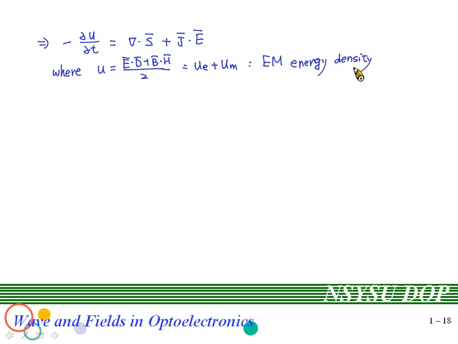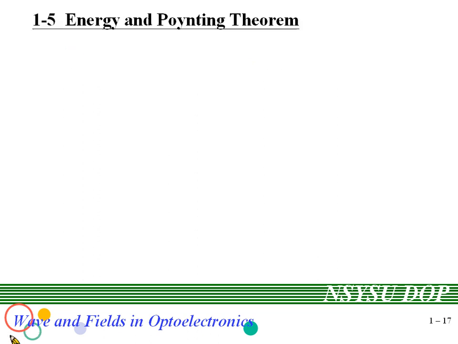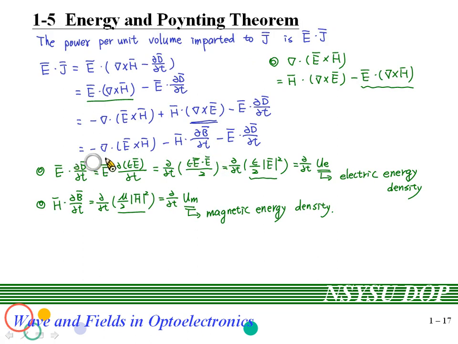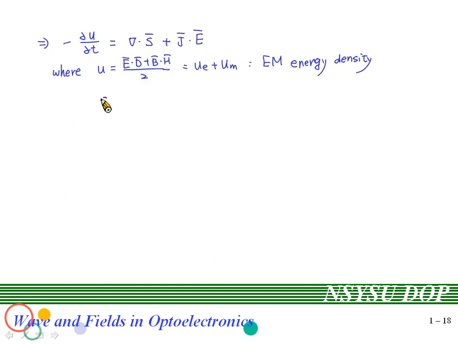Okay, and here, by comparing this equation and this equation, you will know that the S here is defined as E cross H, and we call it the Poynting vector.